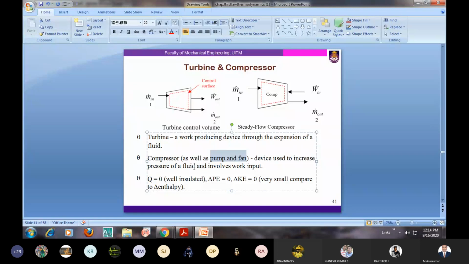Then we can handle the fluid. The fluid can be a gas or a liquid. By means of work, the pressure can be increased, and the volume can be changed.